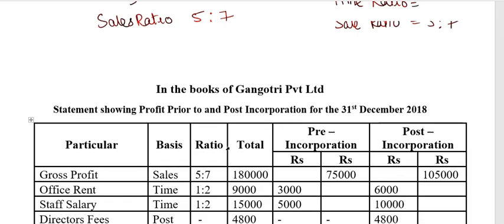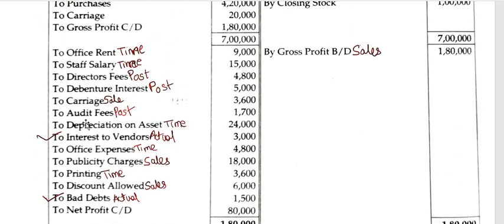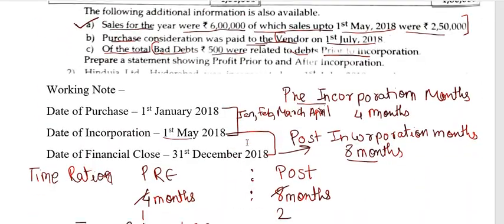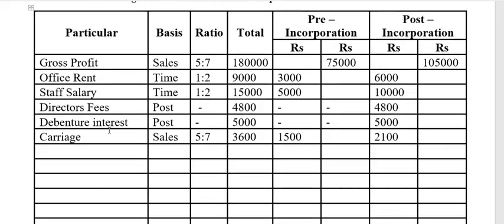So for post-incorporation, 2,100. After carriage, audit fees is related to post, and the amount of audit fees is 1,700. The basis is post, and the total audit fees is 1,700.